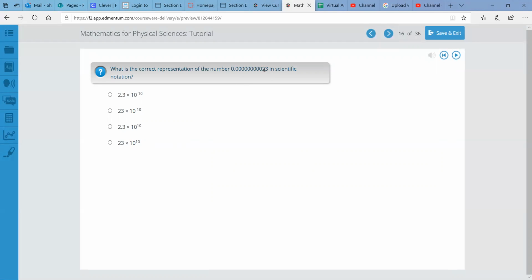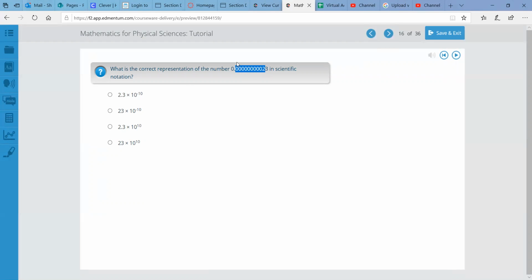So it would be 2.3. Since the decimal place would be between the 2 and the 3, it moves over 1, 2, 3, 4, 5, 6, 7, 8, 9, 10 times.